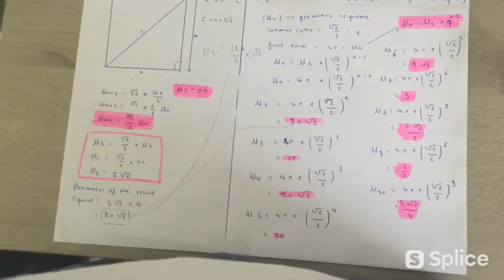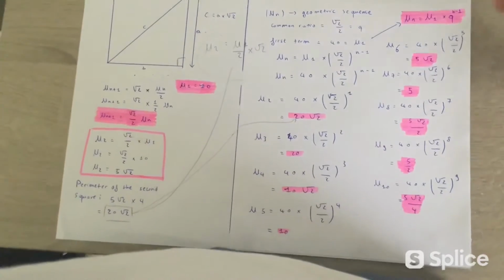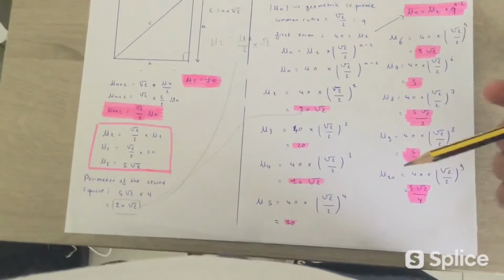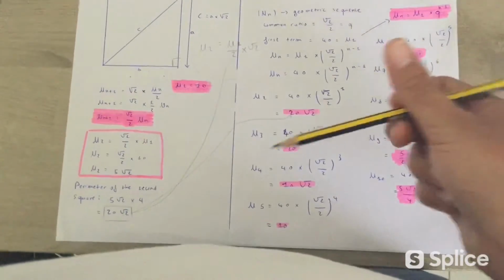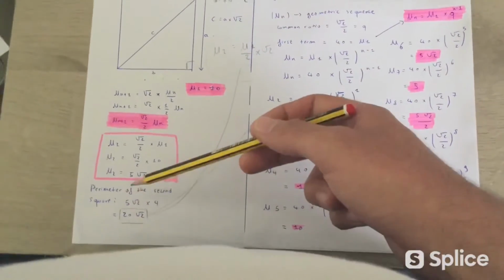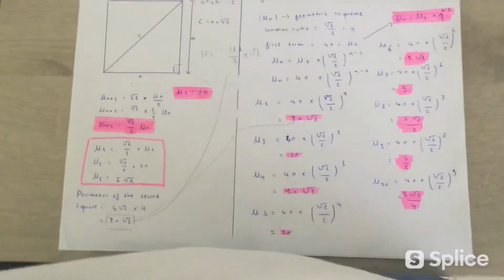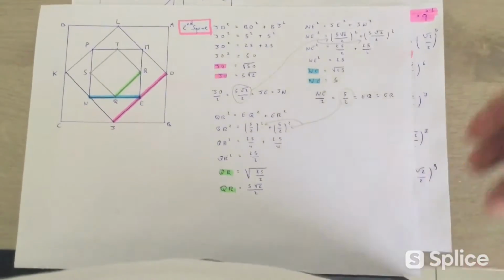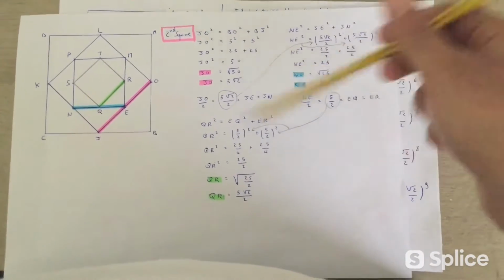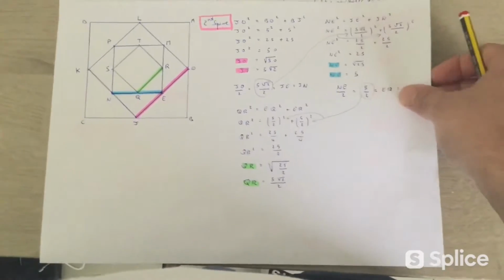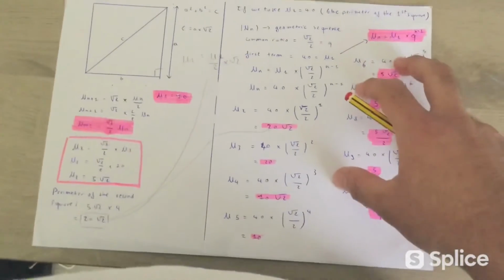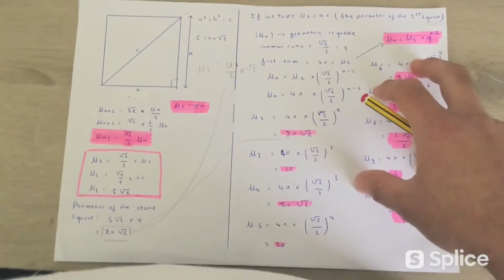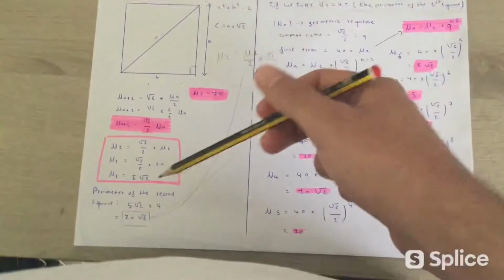For example, U2 equals U1 times the square root of 2 divided by 2, and it's equal to 5 square roots of 2 here, which is the same result that I find by making the Pythagorean theorem for the second square here. So I then multiply this result by 4 to get the perimeter of the second square, which makes 20 square root of 2 here.